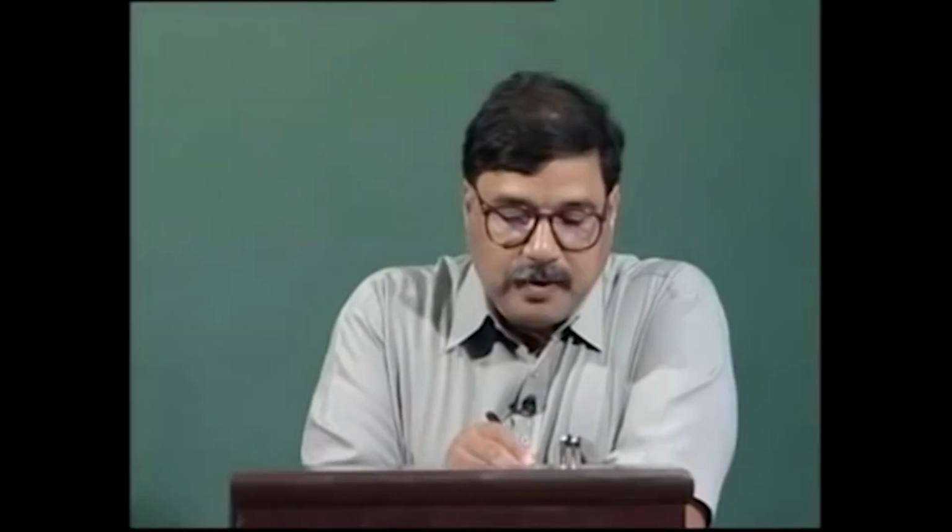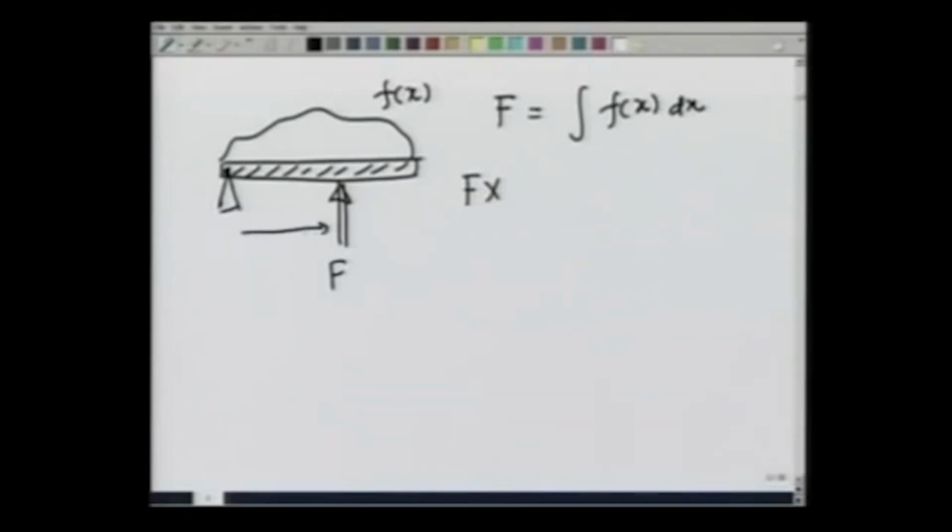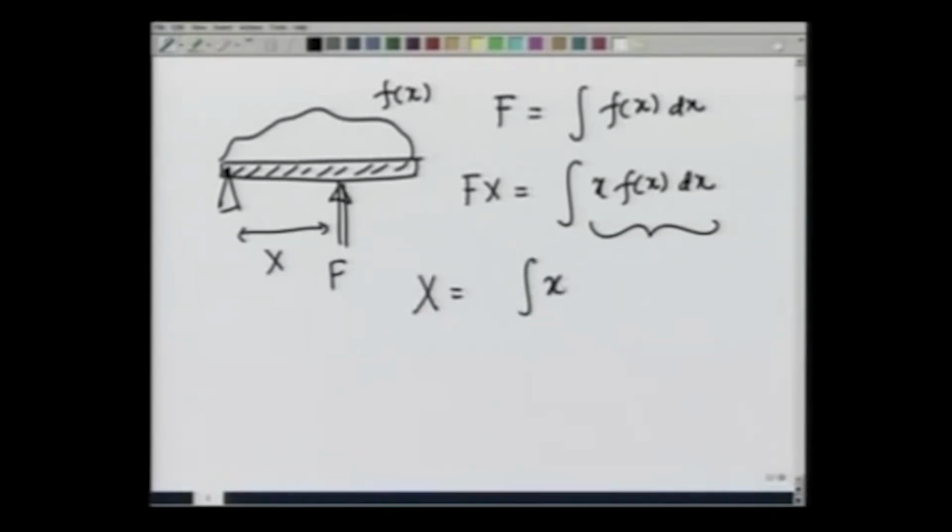So, on this beam, if there is a force distribution f x, then the net force F that I am supposed to apply about this pin joint, to equilibrate the beam, is going to be integration f x dx, and I should have F times x, where x is the distance at which the force is being applied, equal to integration x f x dx, which is nothing but the moment generated by the force distribution f x, and therefore x equals integration x f x dx over F, and this by definition is the definition of centroid.